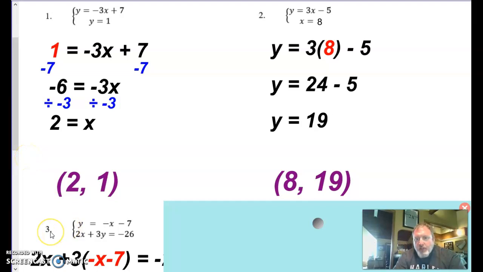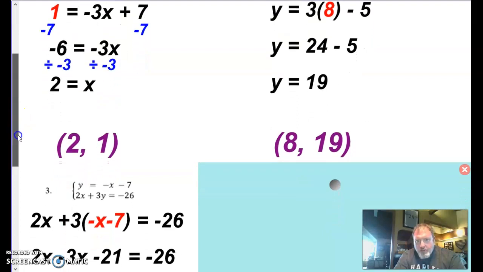Okay, number 3, a little bit more steps involved, just because they didn't give us a number for y, but they gave us an actual algebraic expression. So now y equals -x minus 7, and we are going to plug that into the bottom equation. So you can see that I replaced this y with -x minus 7.